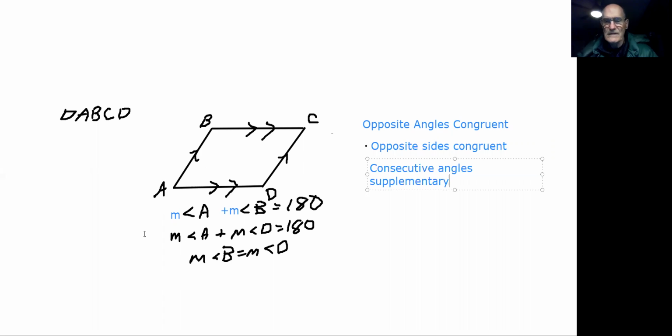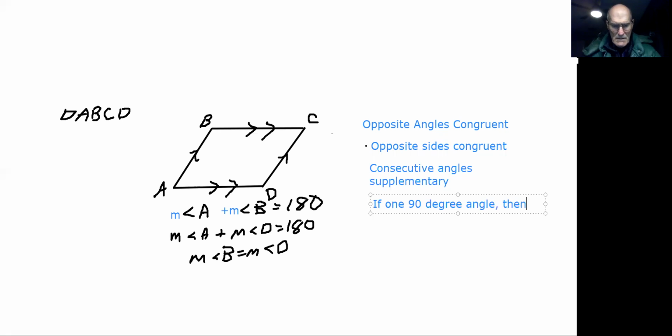And then the next thing says if one of these angles is 90 degrees, then all four are 90 degrees, okay?